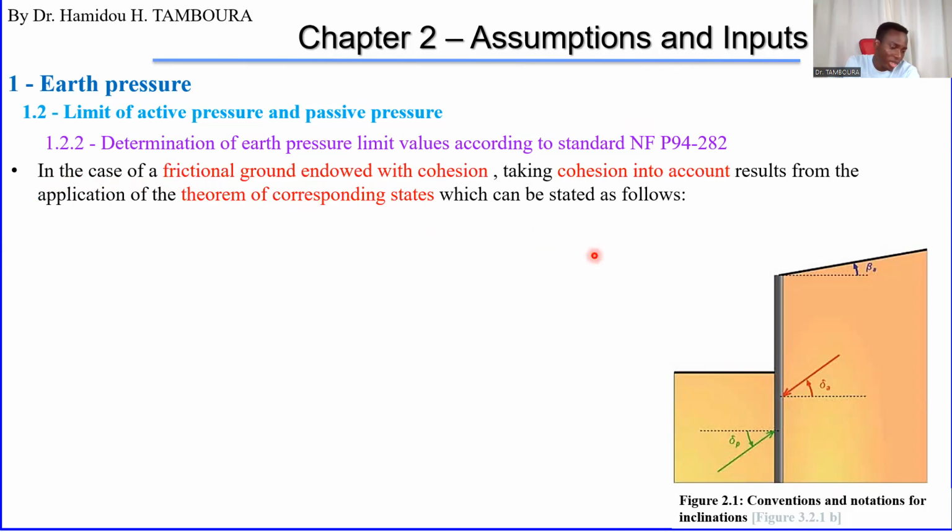So let's take now the case of cohesive ground. The ground has large cohesion. And as I was explaining, when the cohesion is large, sometimes you can dig even deep without the need of a retaining wall. You don't need any retaining structure if the soil has good cohesion.